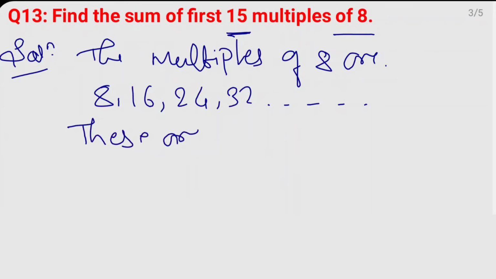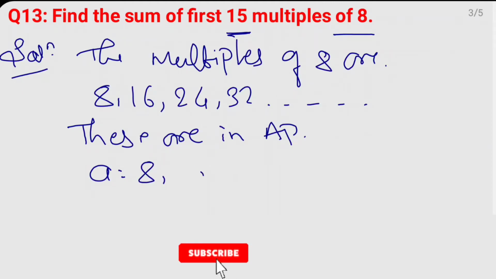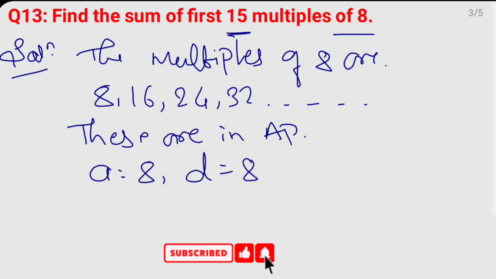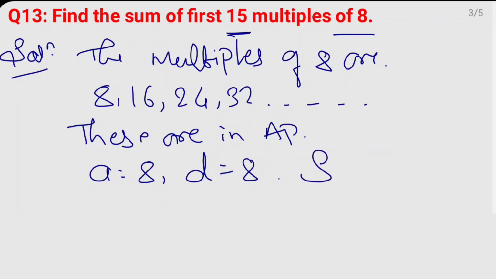These are in AP because here the common difference is constant, right? So the first term is 8 and the common difference D is also 8 here, and we want to find out S15, the sum of first 15 multiples. Is it clear?